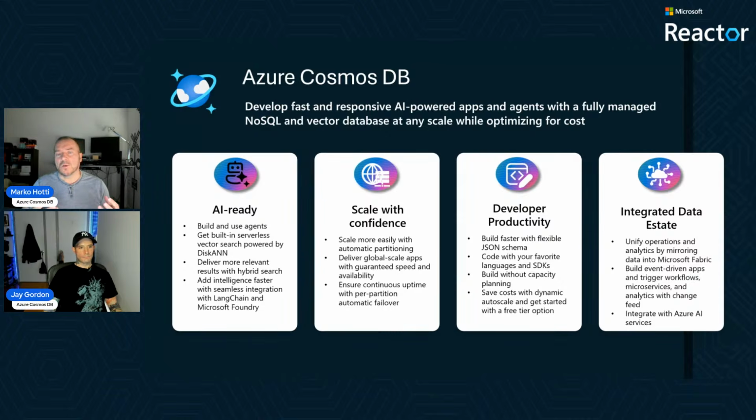You can see it being used for real-time personalization and recommendation engines, and also high-throughput transactional apps, like in retail, booking systems, or gaming. And basically, any type of globally distributed app where users are everywhere. You get guaranteed performance and availability at any scale, with SLAs backing both latency and uptime.